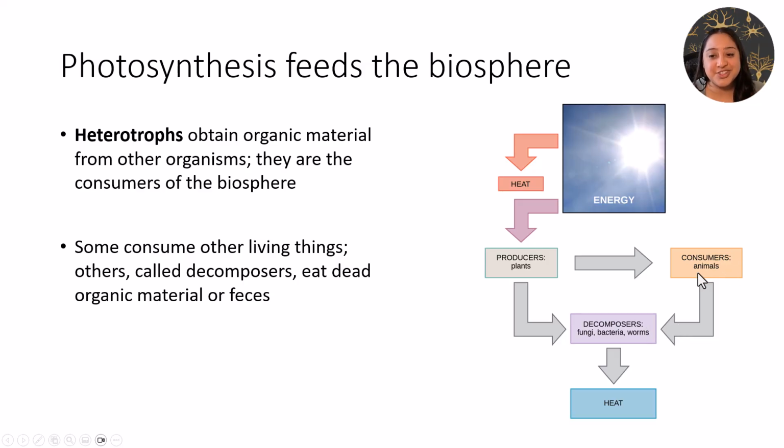Some consume living things, like animals. But there are also some other things that eat dead organic material or feces, and these are called decomposers. They eat stuff that's decomposing, and in that way, they're also getting their energy from something else.